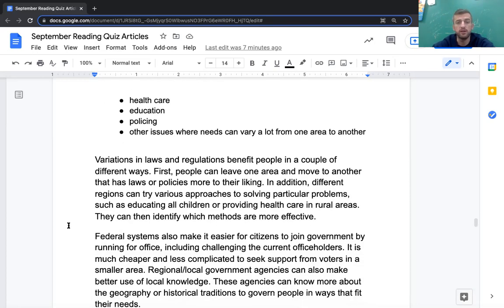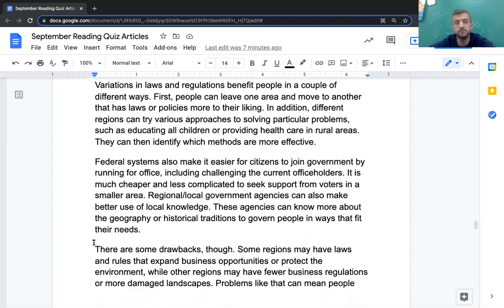Variations in laws and regulations benefit people in a couple of different ways. First, people can leave one area and move to another that has laws or policies more to their liking. In addition, different regions can try various approaches to solving particular problems, such as educating all children or providing healthcare in rural areas. They then can identify which methods are more effective.